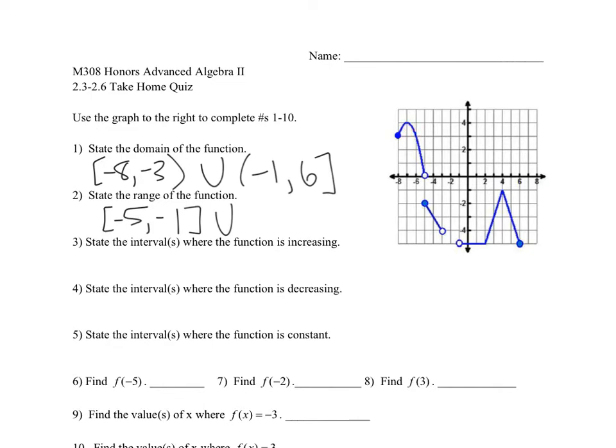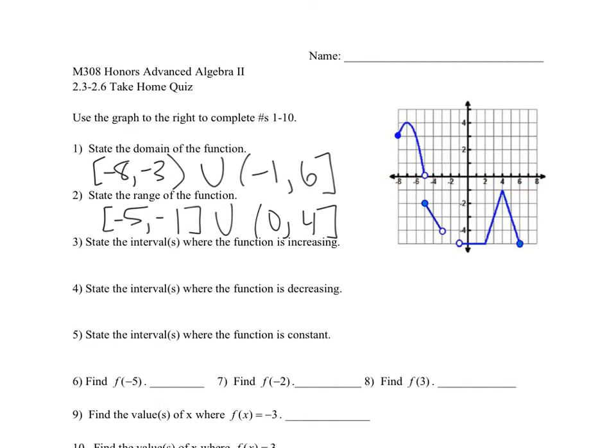The 0 is an open circle, that's why I'm using a parenthesis, and the 4 is not an open circle, so it gets a bracket. So those are just the y values. A lot of you on the worksheet had -8 to 6, but you have to skip this section because there's a big gap there. And a lot of you had -5 until 4, which is almost right, but there's a gap right here for the y value, so you have to skip from -1 to 0.